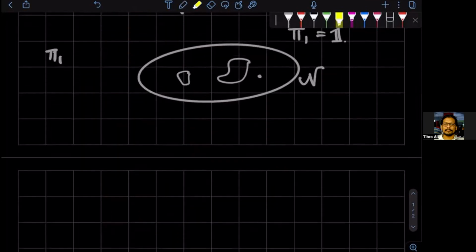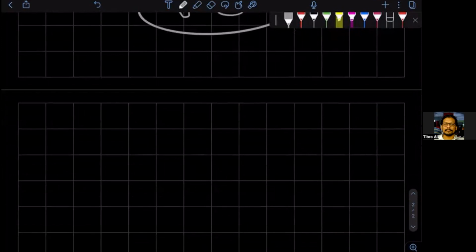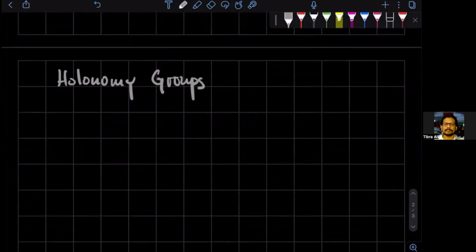And then we discussed the application of group theory to differential geometry. And there's one thing called the holonomy group. So the holonomy groups measure curvature.